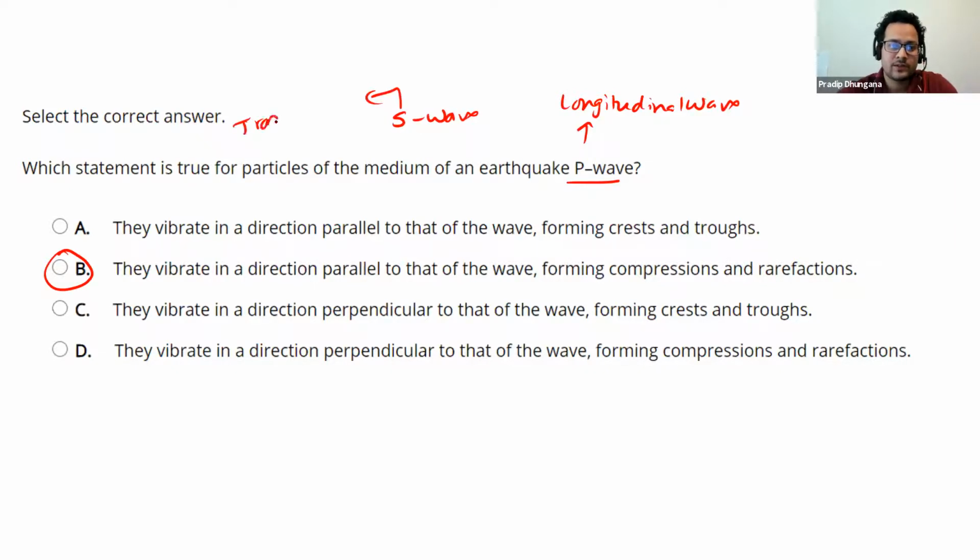You can write that information in your notebook. Transverse wave means the particle motion and the direction of the wave are perpendicular to each other. This one is parallel. Short notes.